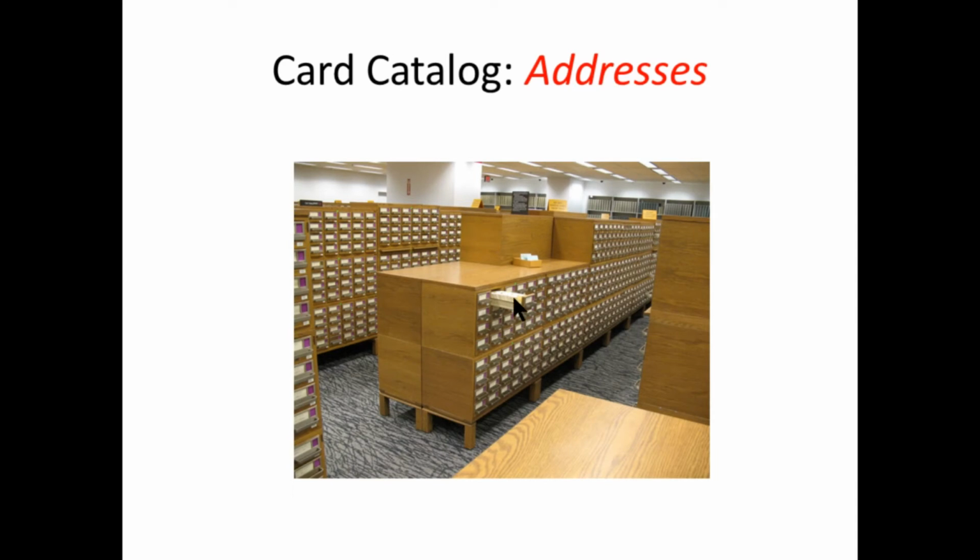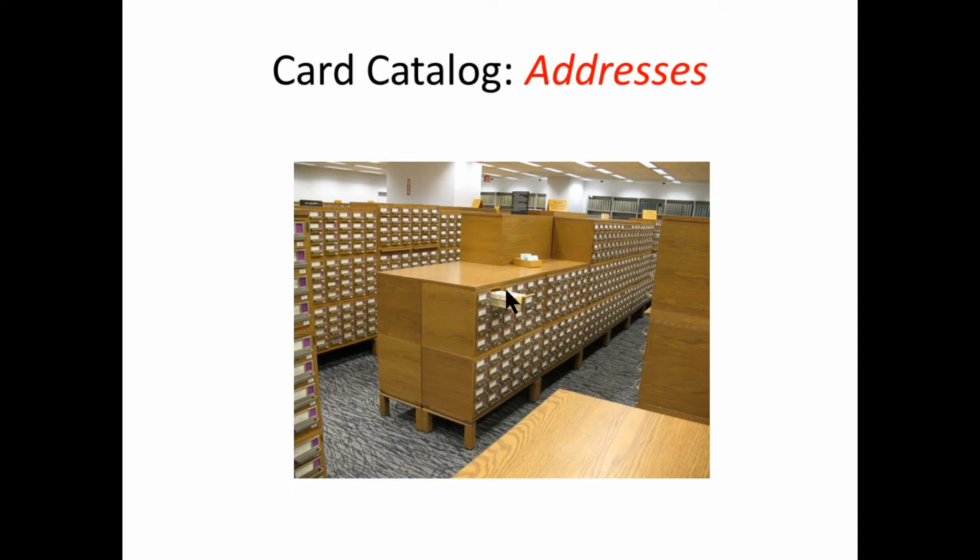Now, the other thing that you'll see inside a library is what's called a card catalog. Now, in most libraries now, these physical card catalogs have been converted to computer databases. But the concept is the same. Every book in the library has a card associated with it, located in these physical card catalogs.